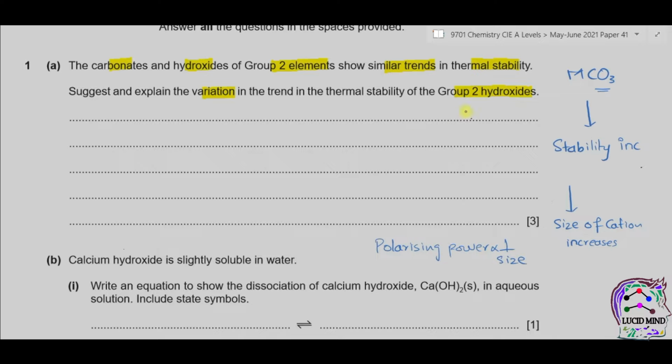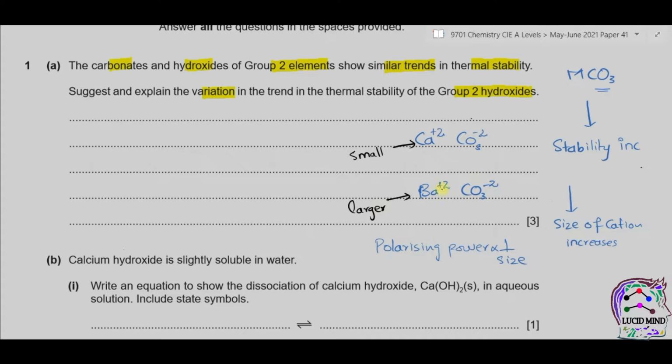So for example, we have calcium carbonate and barium carbonate. Among these, the size of calcium is smaller and it has greater polarizing power, while barium is comparatively larger in size and has less polarizing power.